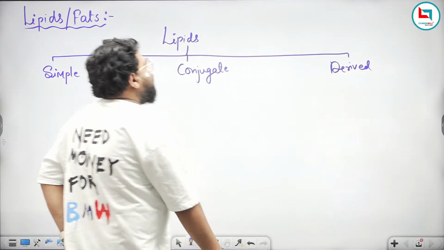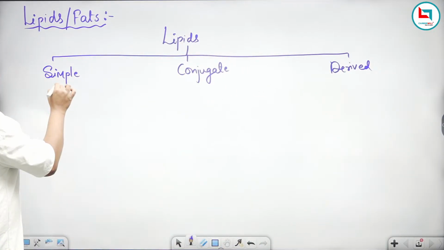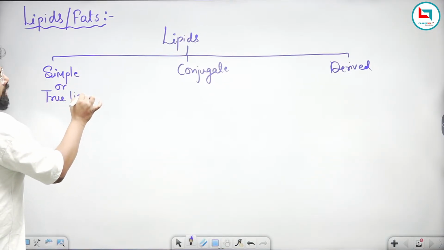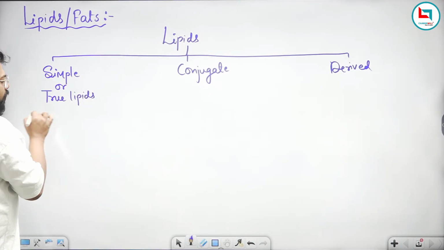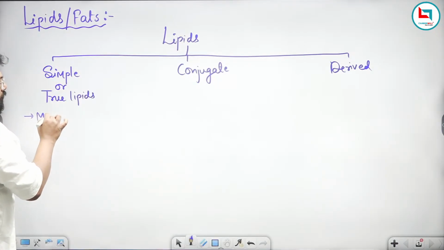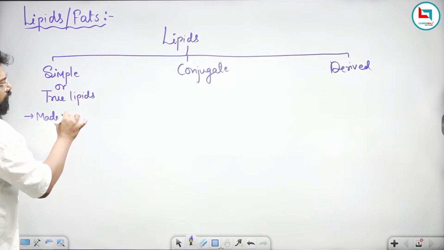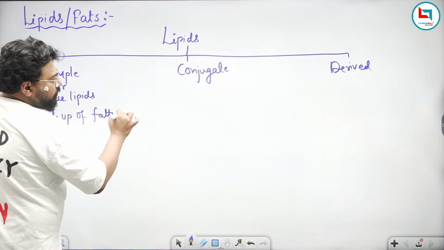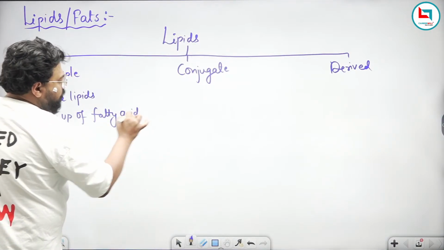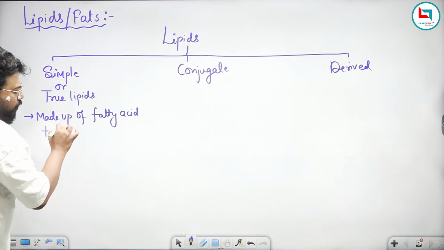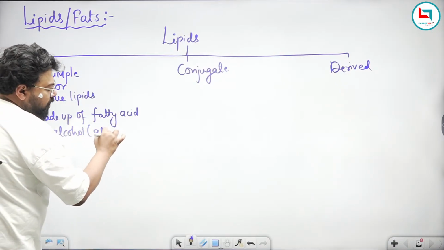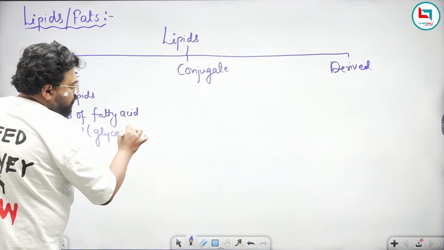Simple lipids are also said to be true lipids. These lipids are made up of fatty acids plus alcohol, and the alcohol which is usually found in them is glycerol.